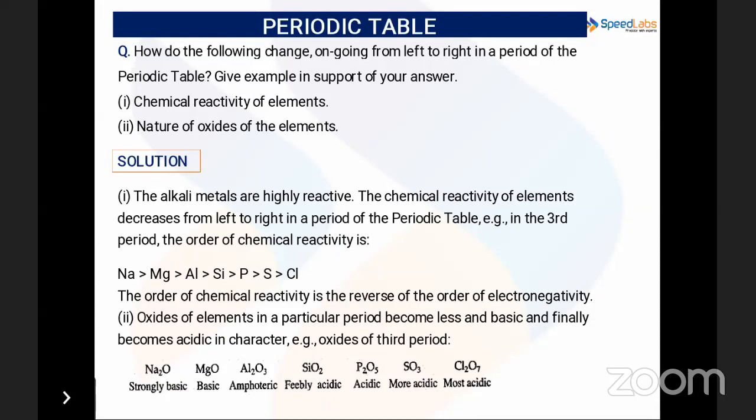So which oxides will form in the third period? Sodium with Na2O, which is strongly basic. The oxides of these elements become less basic and finally become acidic. So it starts with basic. Sodium is the first element, so sodium oxide, Na2O, will be strongly basic.